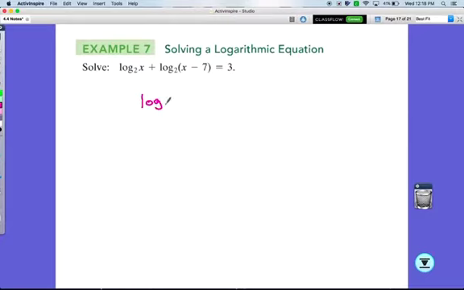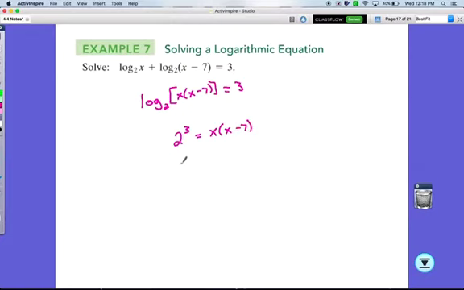So this becomes the log base 2 of x times x minus 7 is equal to 3. Addition on the outside, multiplication on the inside. So now we have a single logarithm. We can write it as exponential. 2 to the third power is equal to x times x minus 7.